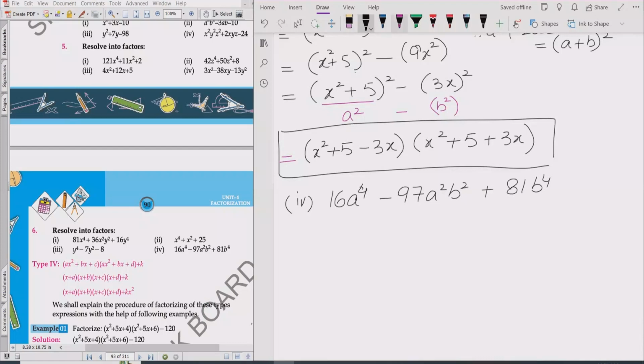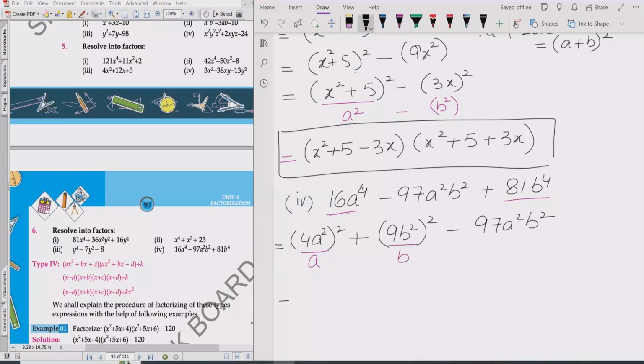Again we have to see that in this part, the first term and third term are making squares. So we will arrange it like this: (4a^2)^2, and here we have (9b^2)^2 minus 97a^2b^2. So we are arranging these terms. Now this is a and this is b.